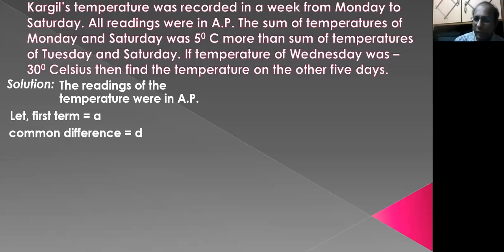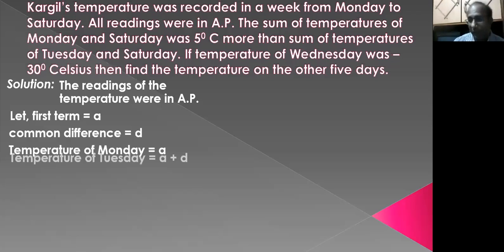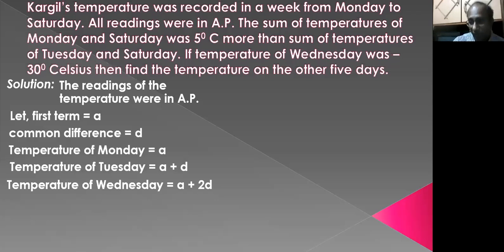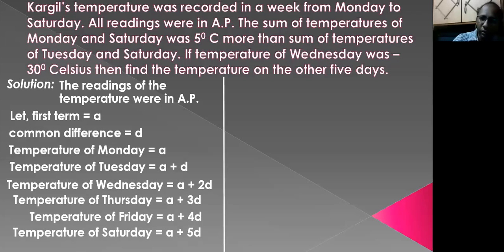First day's temperature, that is Monday's temperature, is A. Tuesday's temperature is the second day's temperature, so A plus D. Third day's temperature A plus 2D. Fourth day A plus 3D. Friday A plus 4D. Saturday will be A plus 5D. Is that thing clear? Sunday is not mentioned, so the temperatures of 6 days have come. Monday to Saturday is what they are talking about.